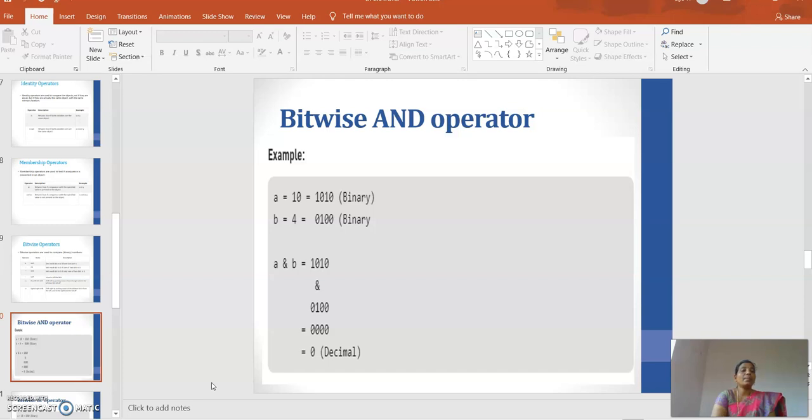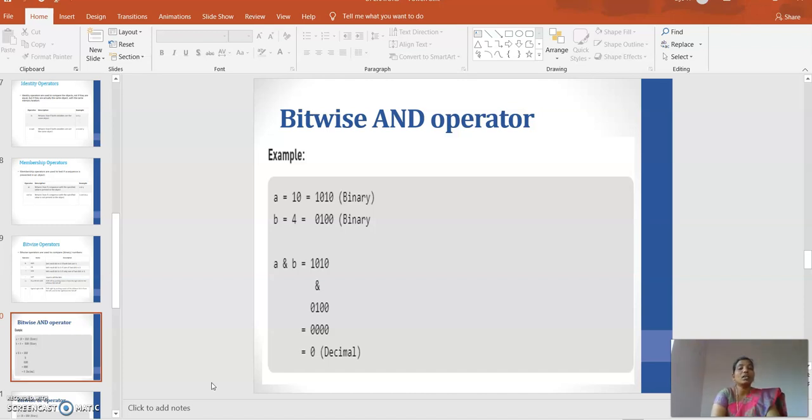So a and b: first compare the first bits, 0 and 0, that is 0. 1 and 0, that is 0. 0 and 1, that is 0. 1 and 0, that is 0. So the result is 0000, and the corresponding decimal value is 0. Because with the bitwise AND operator, only when both bits are 1 does it produce 1.